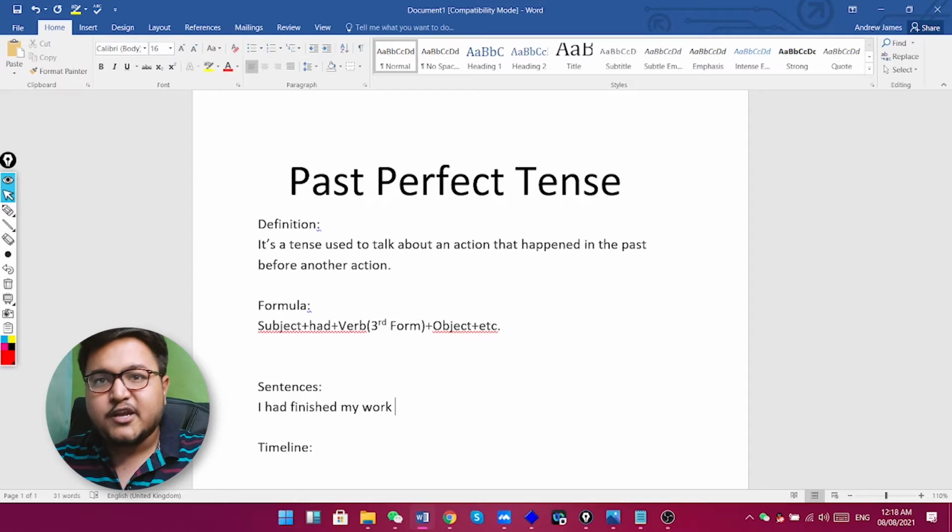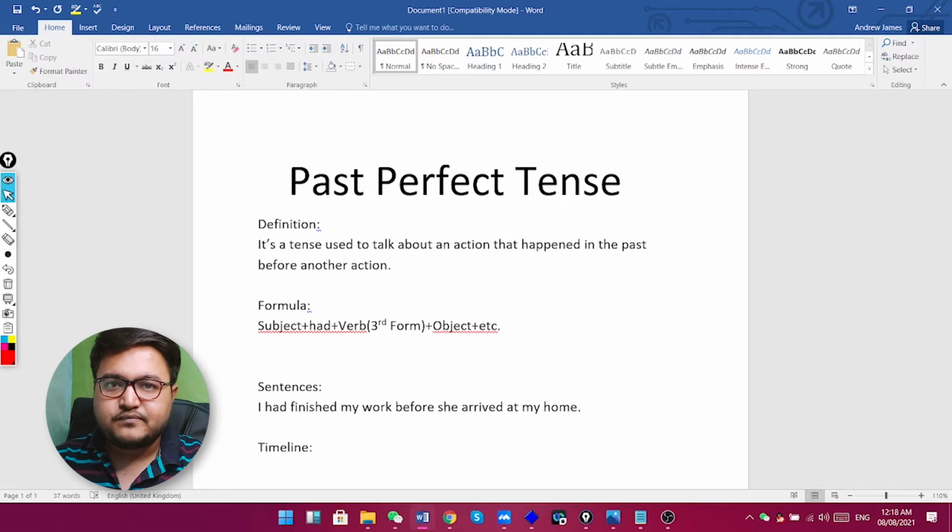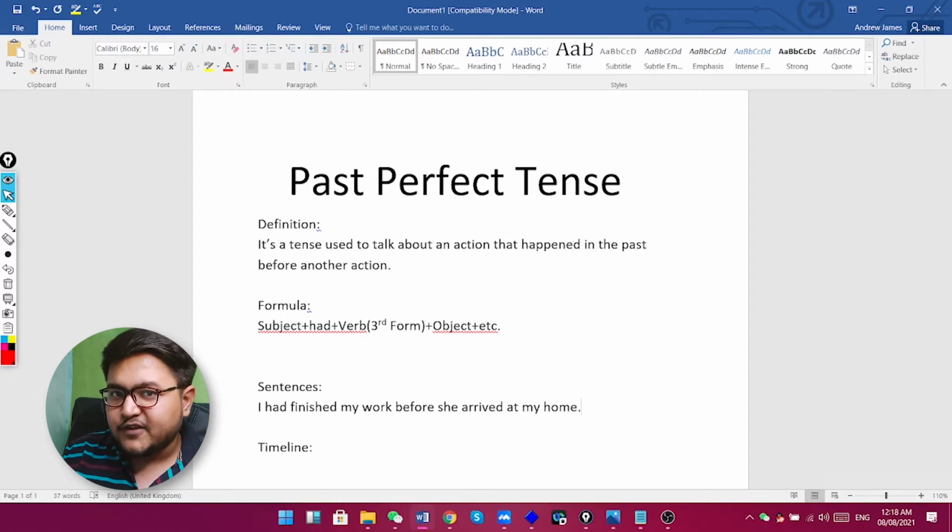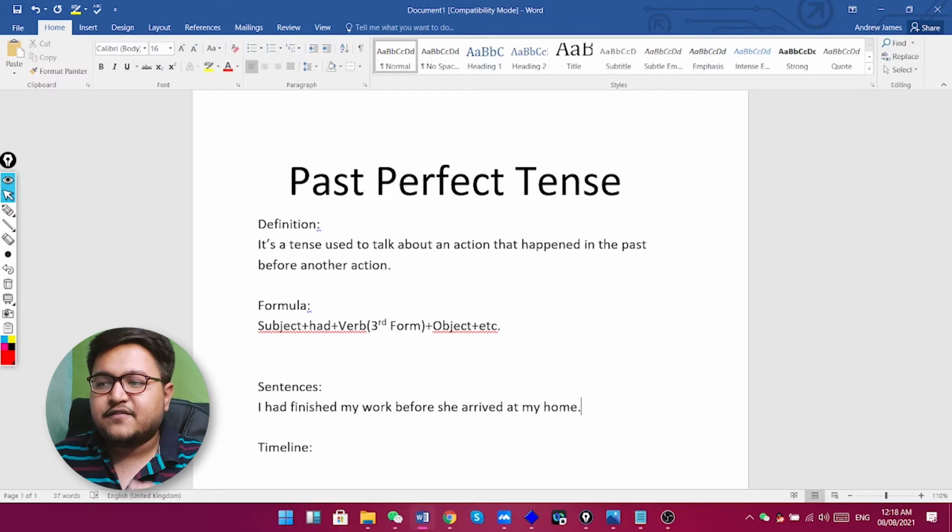I had finished my work, and now the second part of the sentence, which is before she arrived at my home. So now you see that we're not only going to use the past perfect one, but we will be using the past simple one too, right? I had finished my work before she arrived at my home.